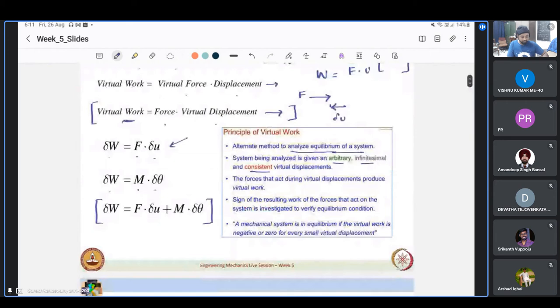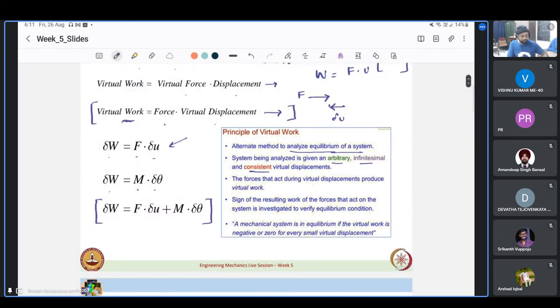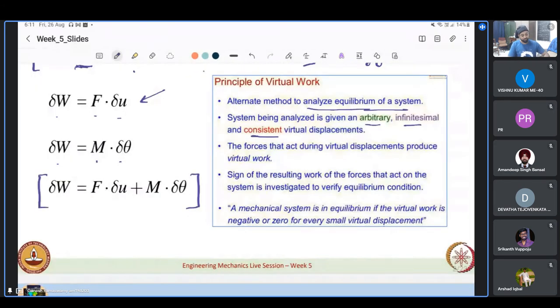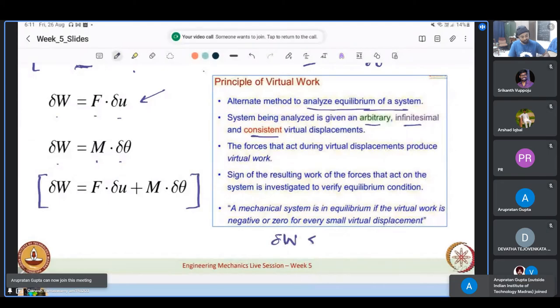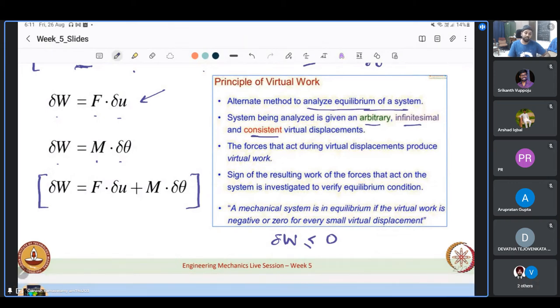So what exactly is the principle of virtual work? It states that a mechanical system is in equilibrium if the virtual work done is either negative or zero for every virtual displacement that we have given. Negative basically comes when we deal with frictional forces, but as of now we will be considering systems without any friction.